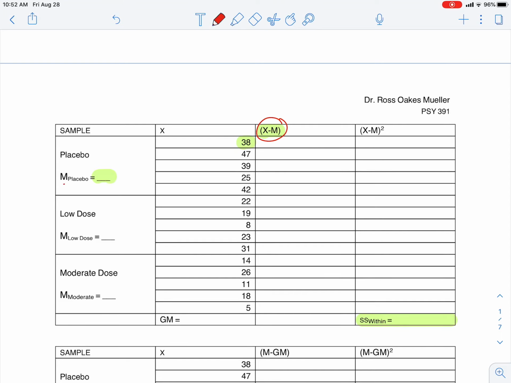Remember, the mean of the placebo group is simply what I get by averaging all of these scores. So for this person, I'll calculate 38 minus that mean score. When I finish it, I'm going to square it. I'll take that and square the value, and I'll do that for every other participant. And in the end, I sum up all of these squares to get the sum of squares within.